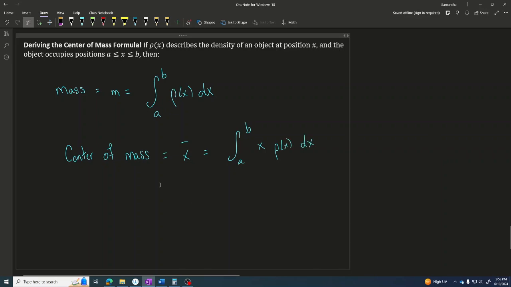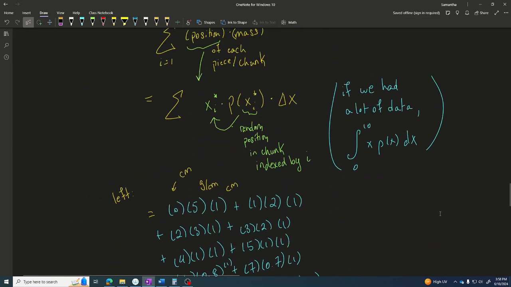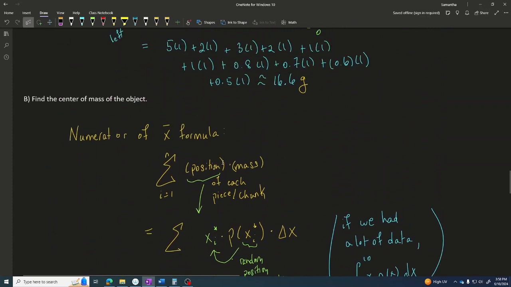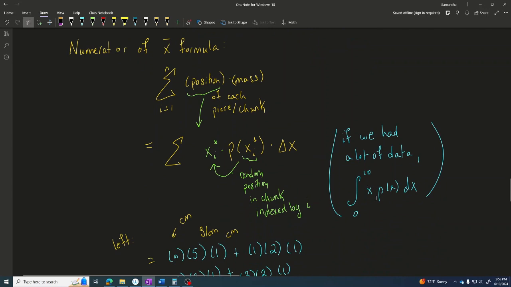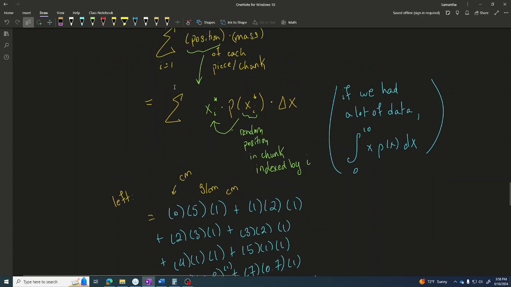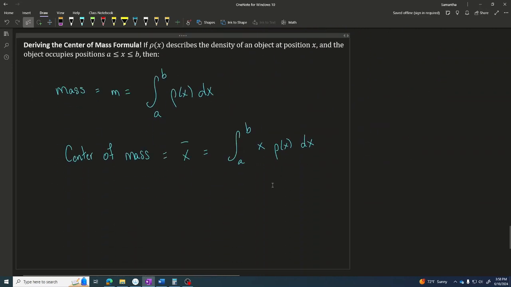That's because the numerator of the center of mass formula has position times mass. Position is just represented by our x value. Mass is equal to density times dx, when the data is very close together. And instead of that sigma, we just have an integral, long S, to represent that we have a lot of data. So this is what the numerator would become.